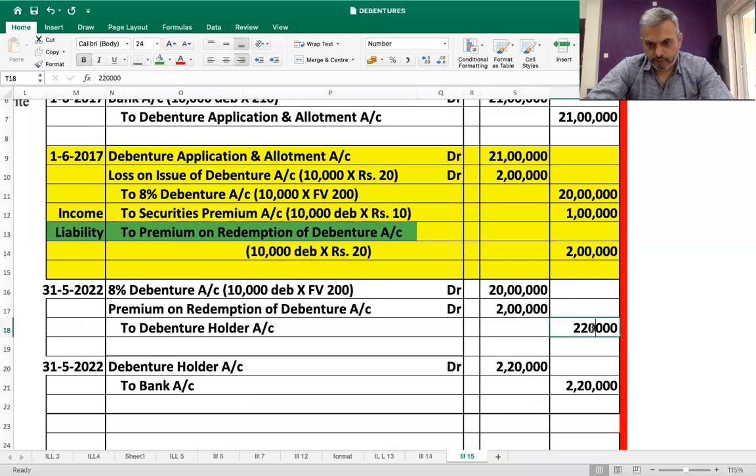This is 22 lakh, and that's why it was not matching. So 22 lakh.